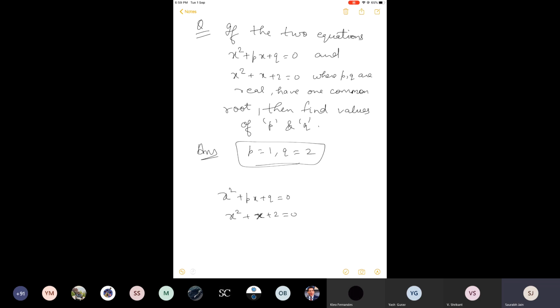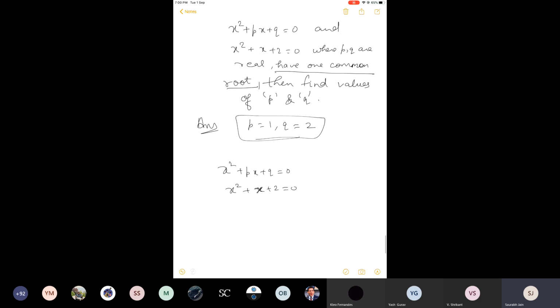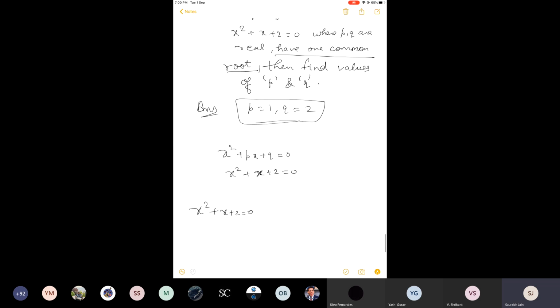When we compare and say, see, we will have to understand the hidden information in this question. In the question, they are saying that both the equations have one common root. Let me solve this equation. Let me solve the second equation. Let us solve it.